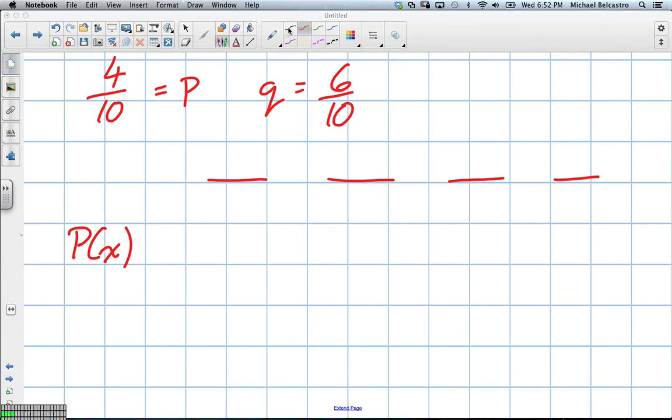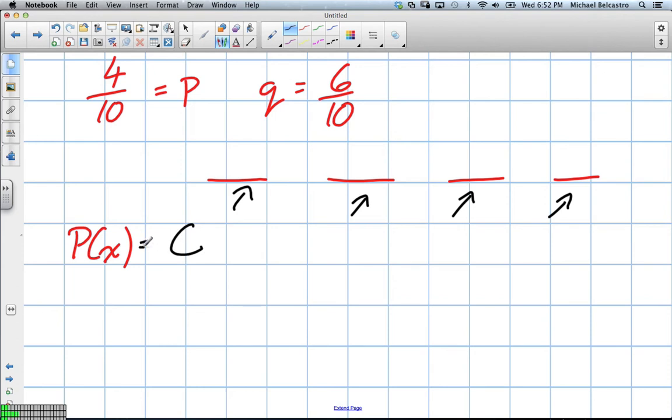Okay, so if you recall, what we said is we wanted all 4 of these digits to be her favorite numbers. In other words, there's going to be 4 digits, and we want all 4 of them to be successful, okay? We know that we have to multiply by our p to the power of x, and by, sorry, that should be q to the power of n minus x, from Bernoulli's theorem.